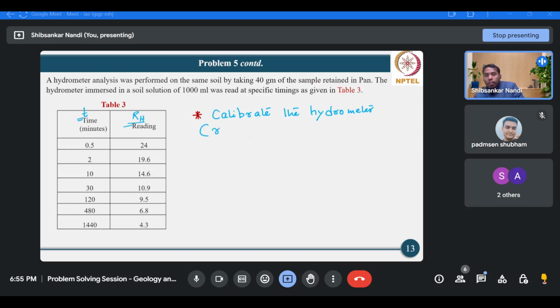So calibration is basically establishing a relationship between hydrometer reading and effective depth. Now what is the effective depth?